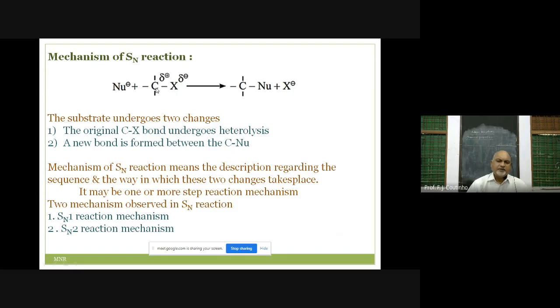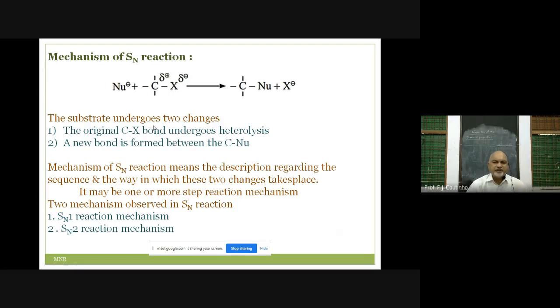This is the bond between carbon and halogen which is to be broken, and this X will be substituted by a new nucleophile, which is negatively charged.